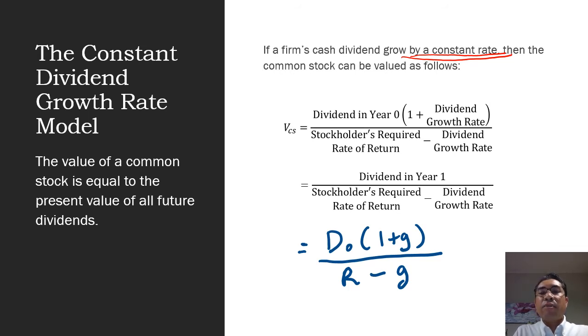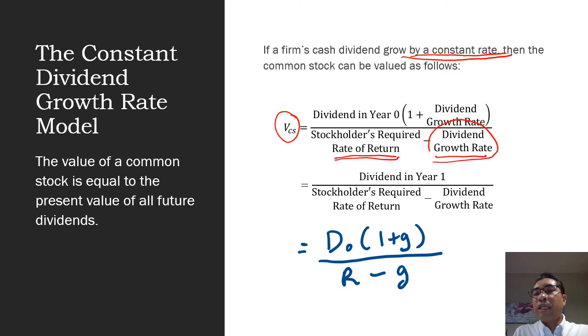So the value of common stock is basically the dividend next year, which means the dividend this year multiplied by one plus the dividend growth rate, divided by the stockholder required rate of return minus the dividend growth rate.